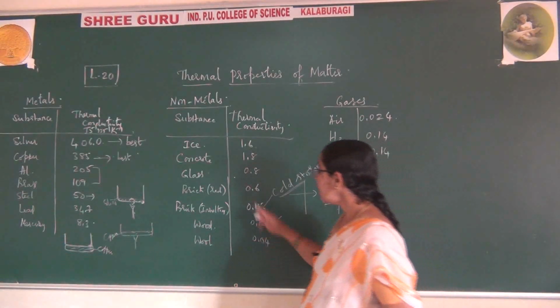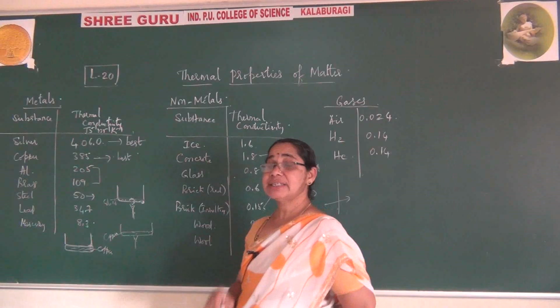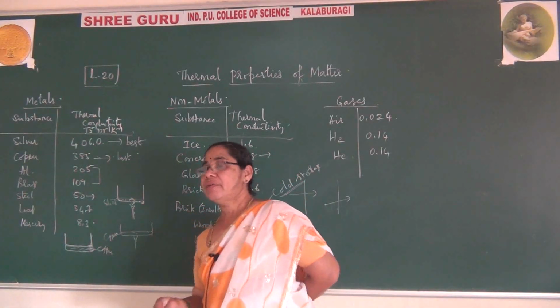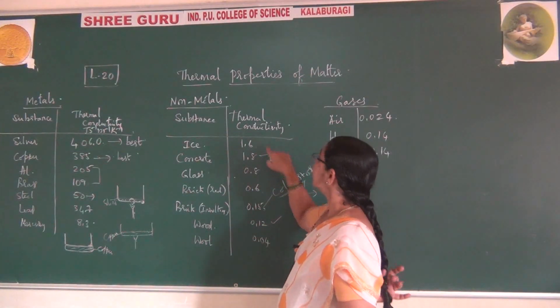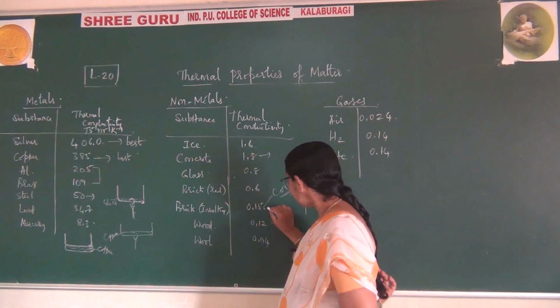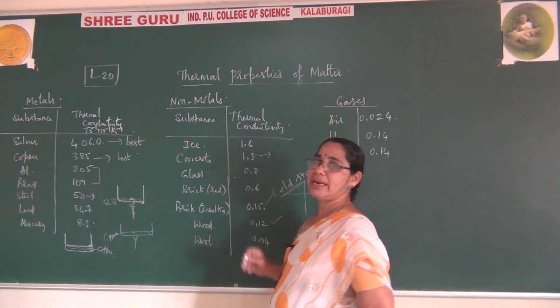Okay. If you come across concrete houses, if you are constructing concrete houses, you can observe that it has a higher value compared to this. The conductivity here is 1.8, whereas brick is a bad conductor of heat.